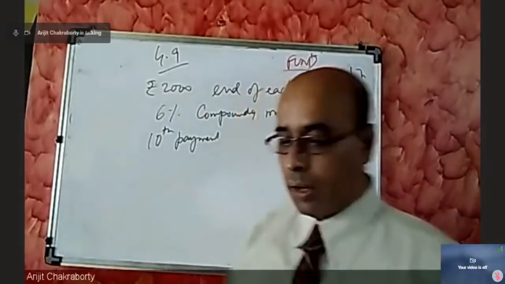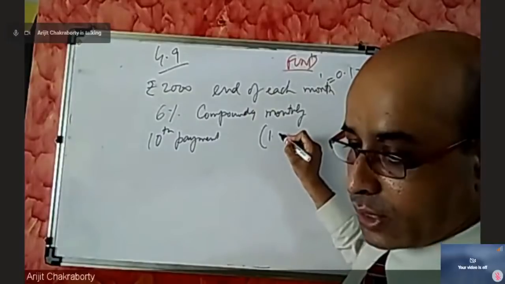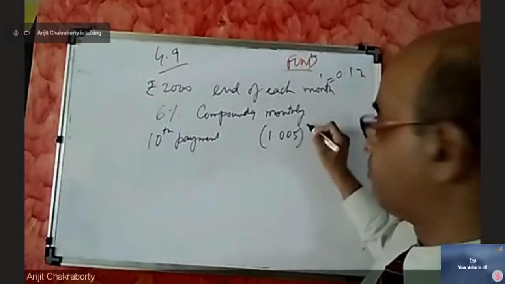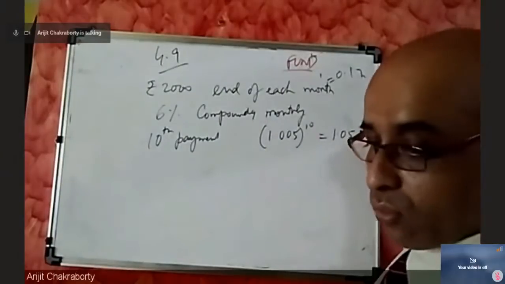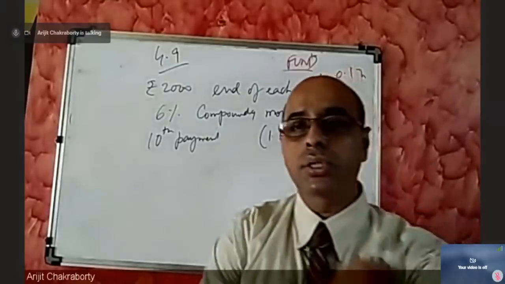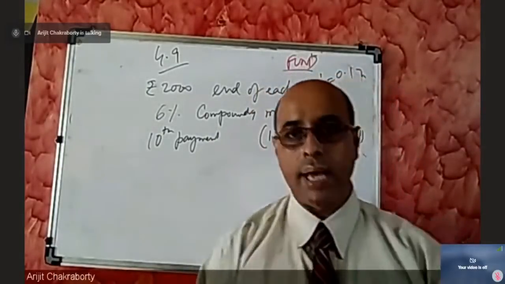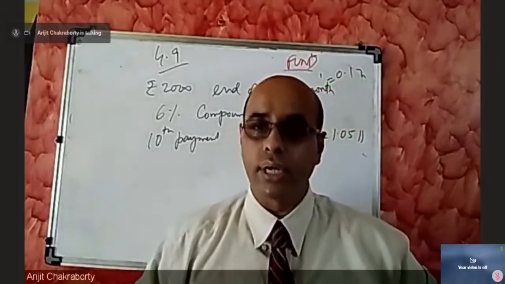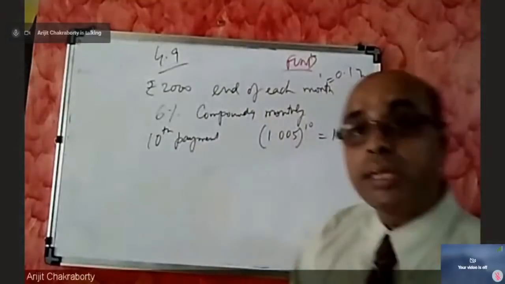Okay. Now it's given in the problem that 1.005 to the power 10 is equal to 1.0511. I request you to note the problem along with me. This is an exam problem, a past exam problem which came in the CA Foundation exam. 2000 rupees is invested at the end of each month.